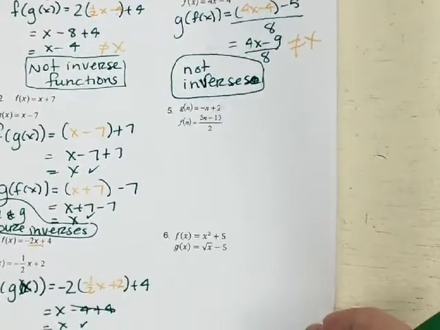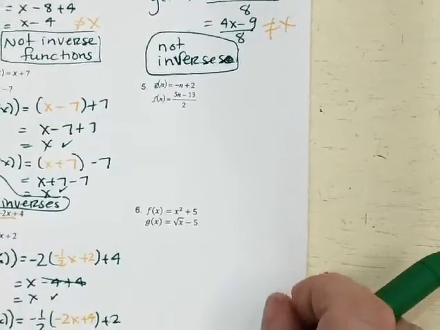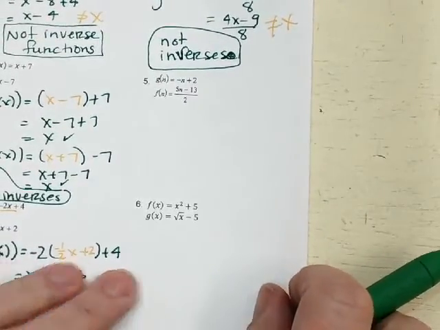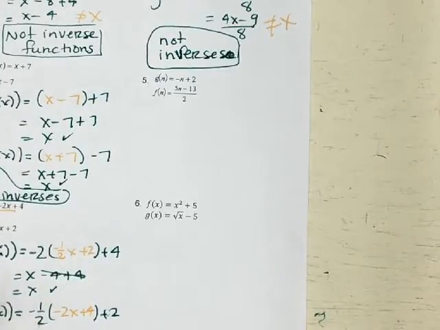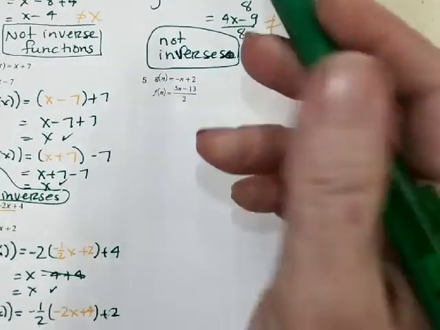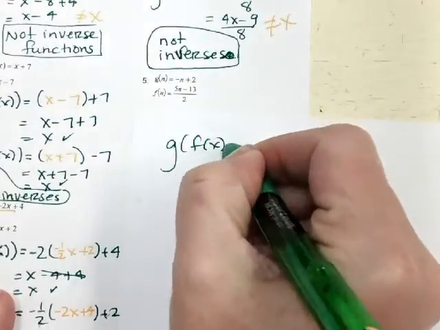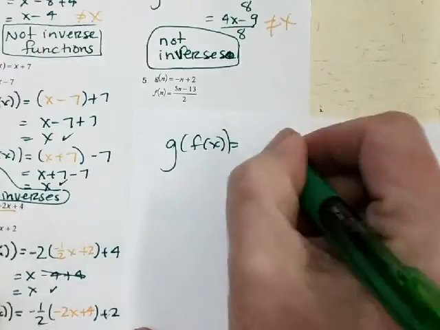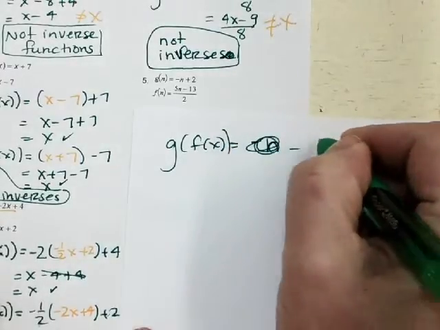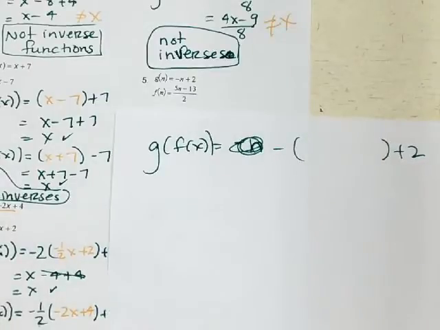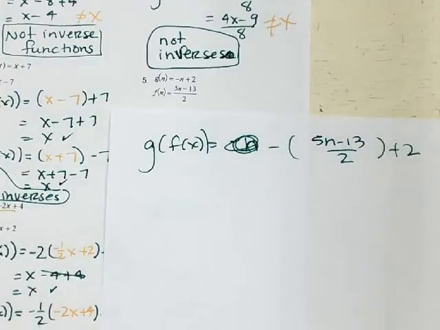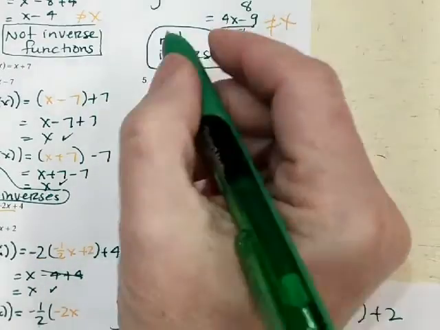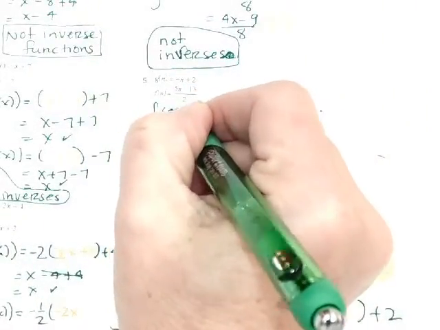It's a fraction again, but still, it's not bad. I'm going to write in pencil right here, just so you can see. If I have to do g of f, just watch for a second. If I do negative n plus 2, and I plug in this, and I'm not really sure how to deal with that, then do the other one first. Do f of g of n.